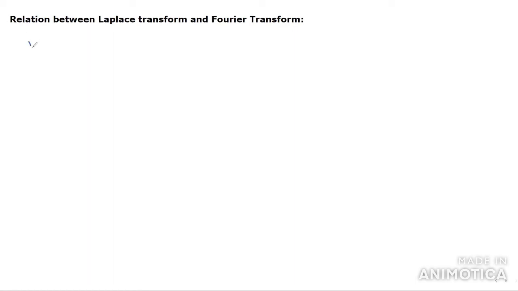I can write as X of j omega is equal to integral from minus infinity to plus infinity of x of t e power minus j omega t dt.